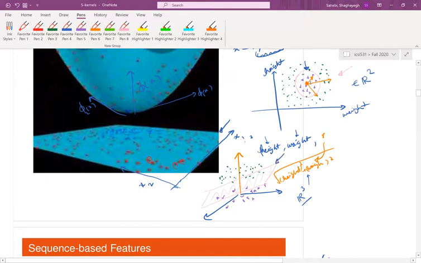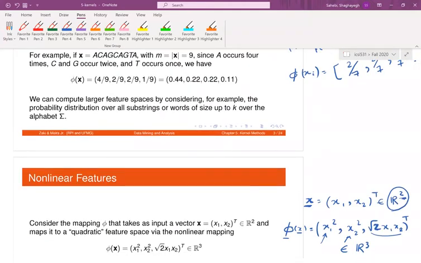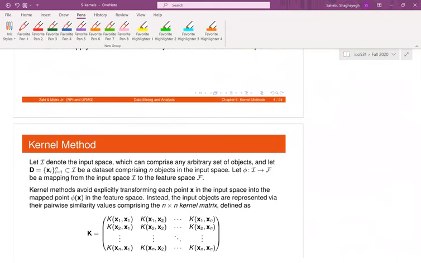We could just do it with a linear tool that we had, which is just a plane. So the curve was quadratic, but then here we have a plane.